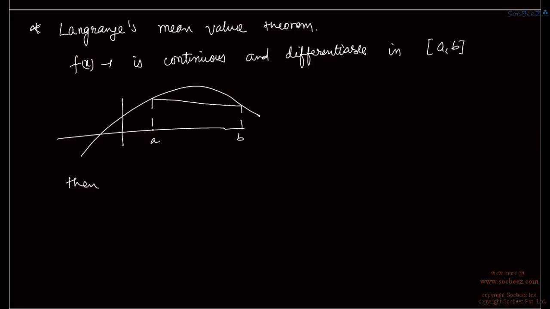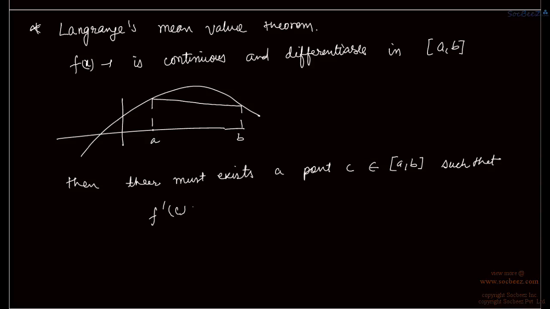Then the theorem tells that there must exist a point C in the interval a to b such that f dash c is equal to fb minus fa upon b minus a.